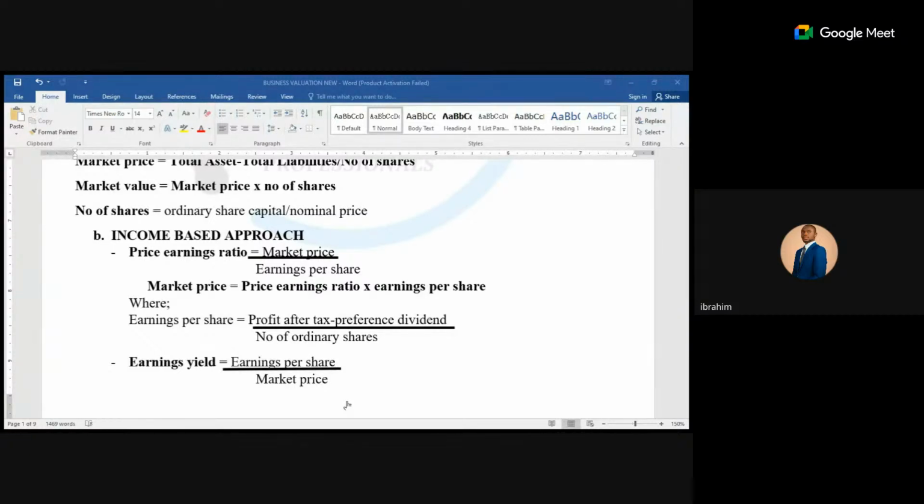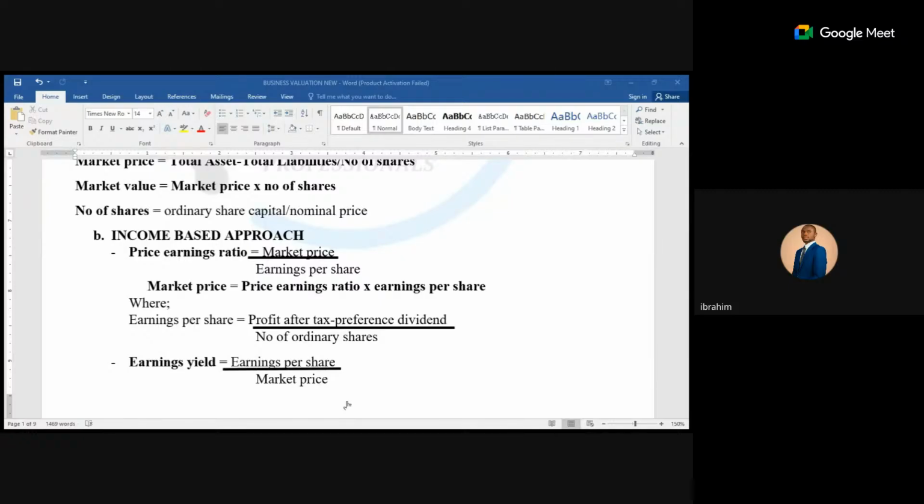Anything you want to do under business valuation, you want to calculate the market price, the amount you will pay for that company, either for a merger or acquisition, and some other reasons for valuation.